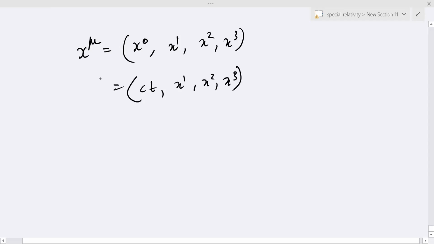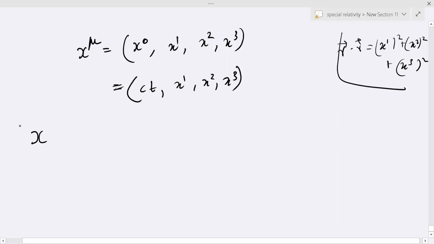Now we need to find a scalar product between two vectors in such a way that it is invariant. Just like we took r vector dot r vector, which is equal to x1 square plus x2 square plus x3 square, which is invariant under rotations. Here we need to find a combination for 4 vectors. I'll write just x without a vector arrow.